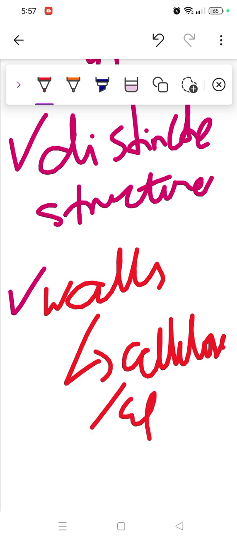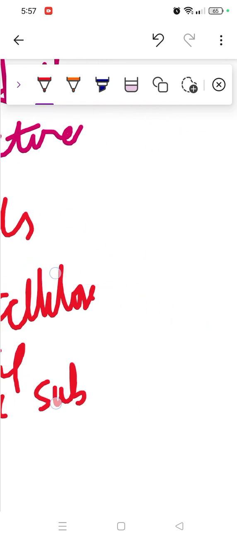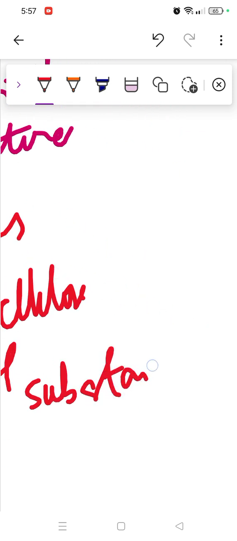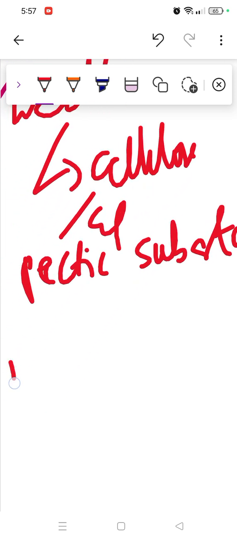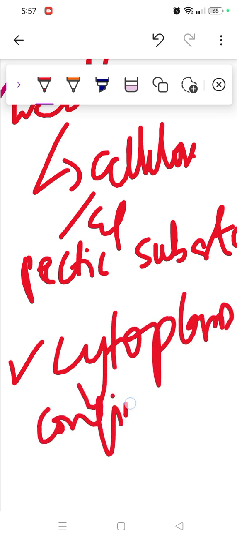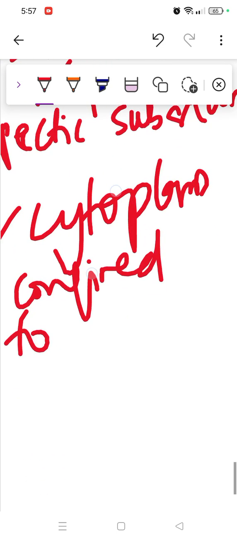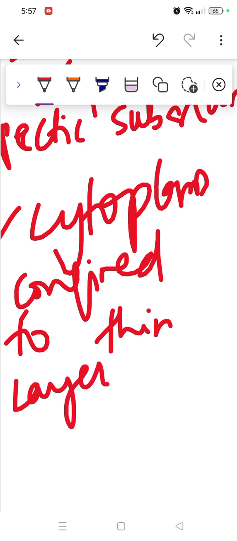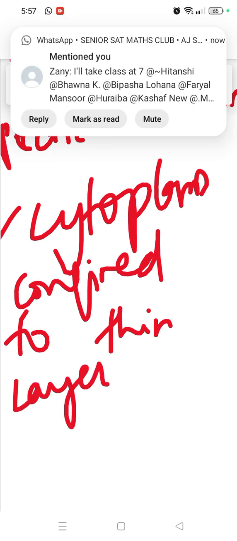And you'll also see that the nucleus is degenerated, and they have cytoplasm which becomes confined to a thin layer around the periphery of the cell.